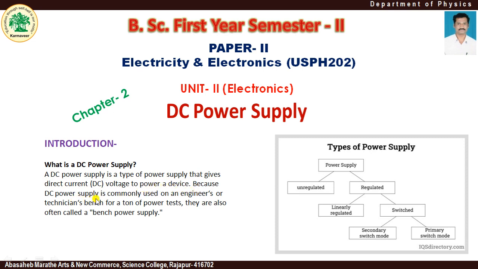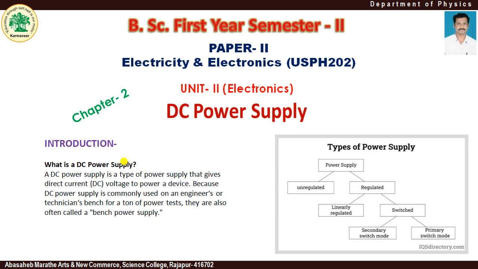Because a DC power supply is commonly used on an engineer's or technician's bench for a ton of power tests, it is also often called a bench power supply. So, in this chapter, we shall study the applications of semiconductor diodes.